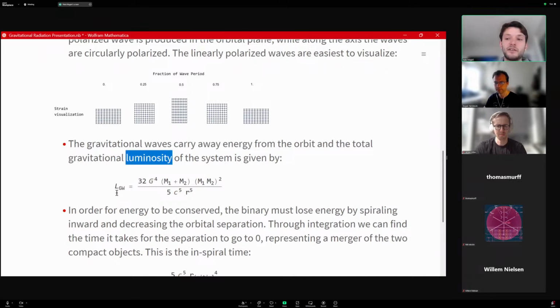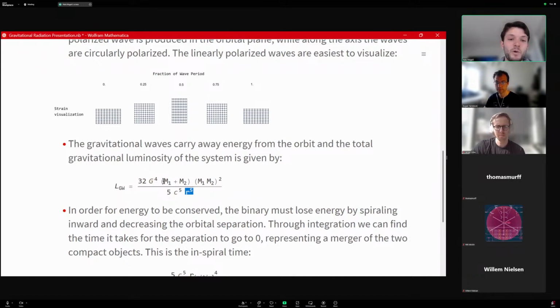So instead of the amount of light energy emitted, this is the amount of gravitational potential energy that's emitted by the system per unit time. And ignoring the constants for now, it's proportional to the sum of the masses, the product of the masses squared, and it's inversely proportional to the fifth power of the separation.